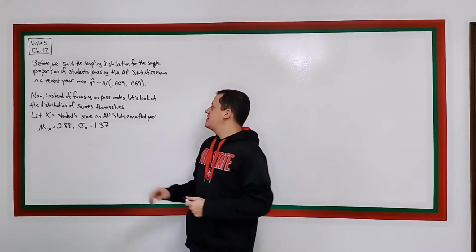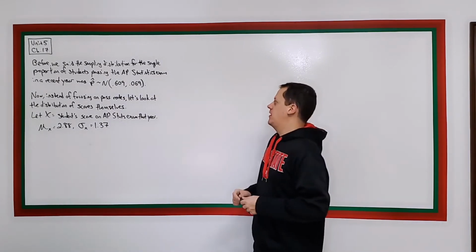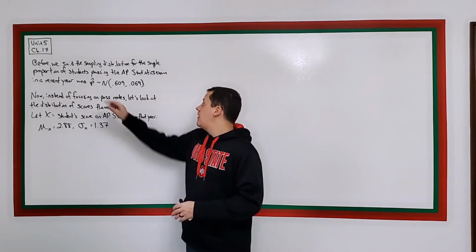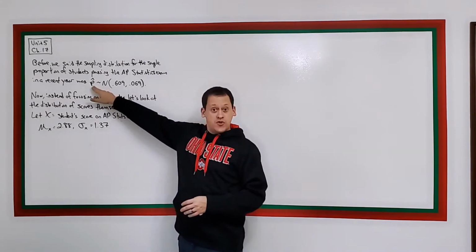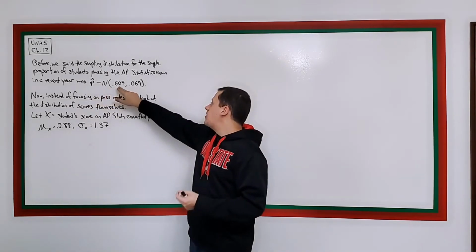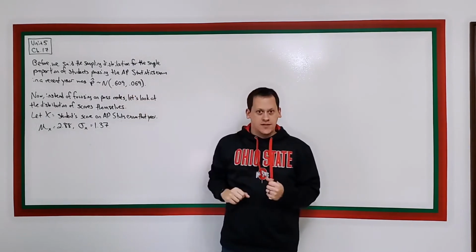So in the past, we said that the sampling distribution for the sample proportion of students who passed the AP Stats exam in a recent year had an approximately normal model, it met the conditions, with a mean of 0.609 and a standard deviation of 0.069.